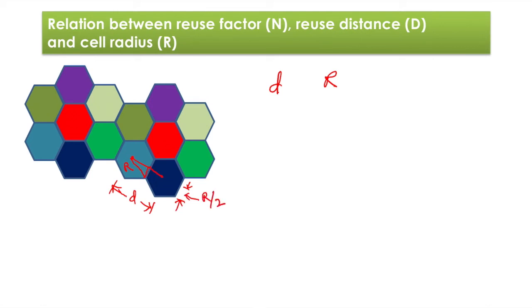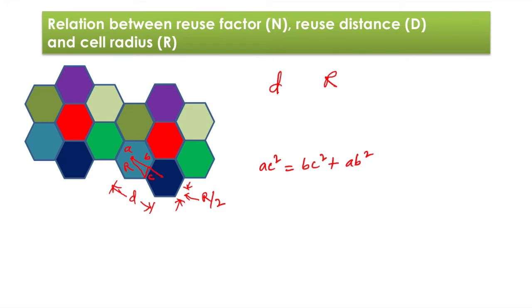Now if we consider this triangle ABC, we can write AC square is equal to BC square plus AB square.